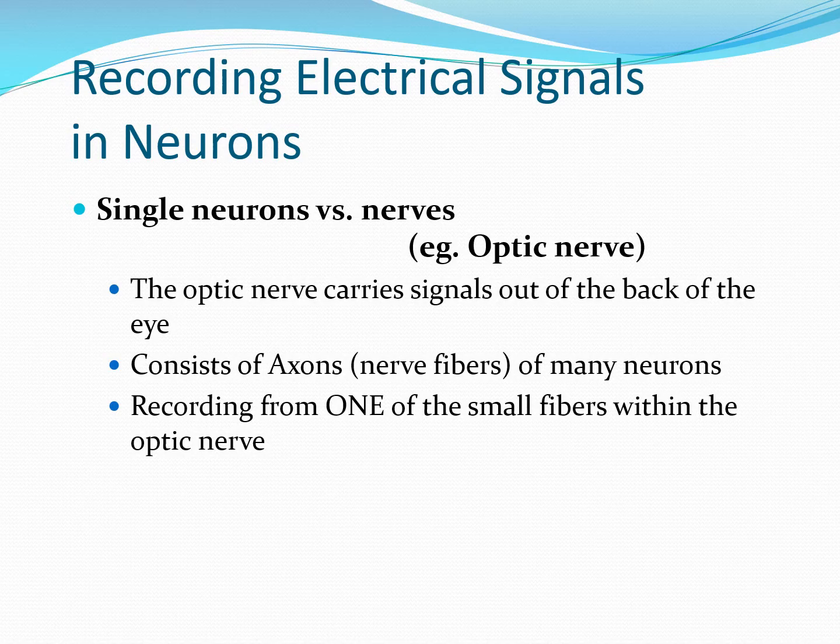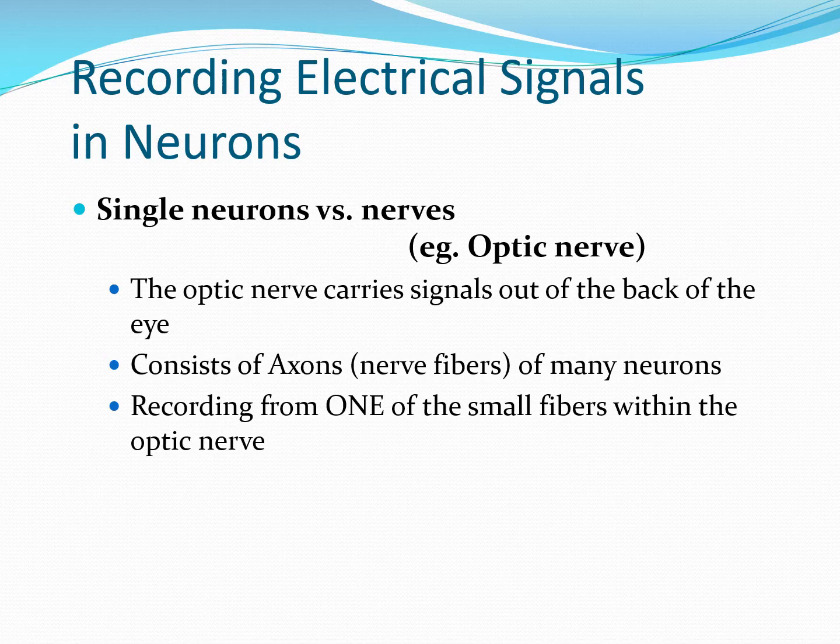But sometimes we have something like for example, the optic nerve. The optic nerve is carrying signals out of the back of the eye. Well, this optic nerve is actually made up of millions of axons. Okay, so the axons of many neurons are in this kind of, if you think of it as a cable, in this kind of cable, taking information from the eye to the brain.